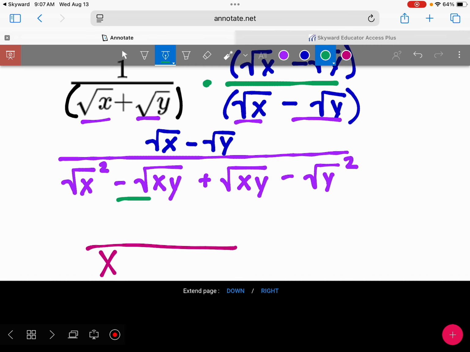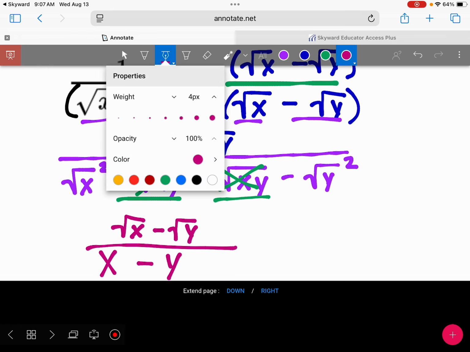Our minus square root of xy and our plus square root of xy, those cancel each other out. And we're left with our minus square root of y squared, which is just y. So we're winding up with no radicals in our denominator. We put them in the numerator instead. Square root of x minus square root of y.